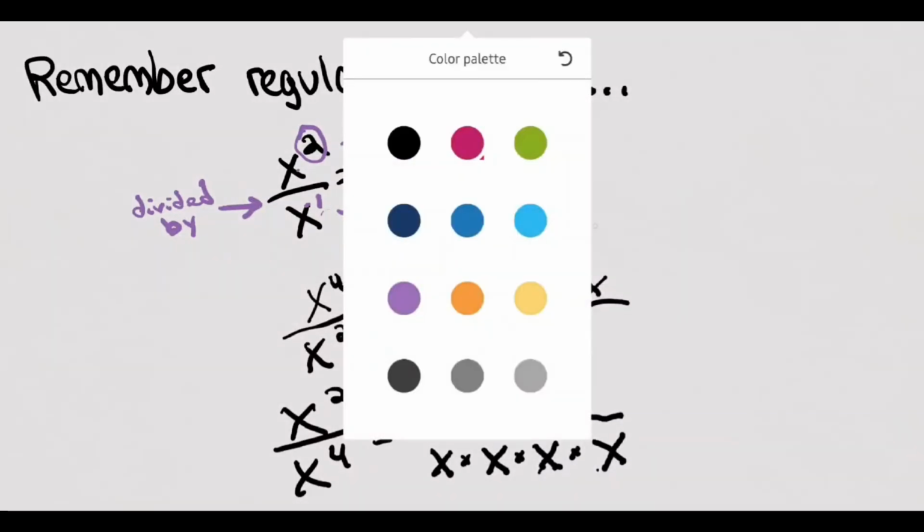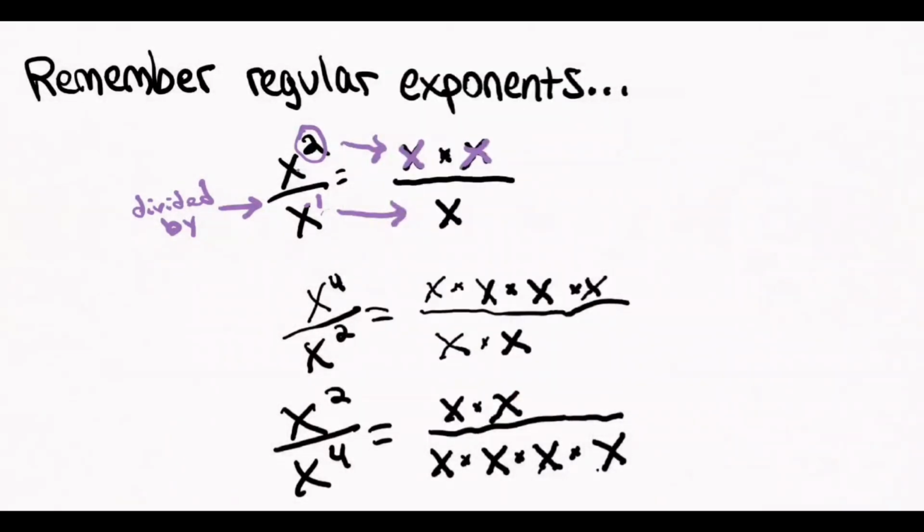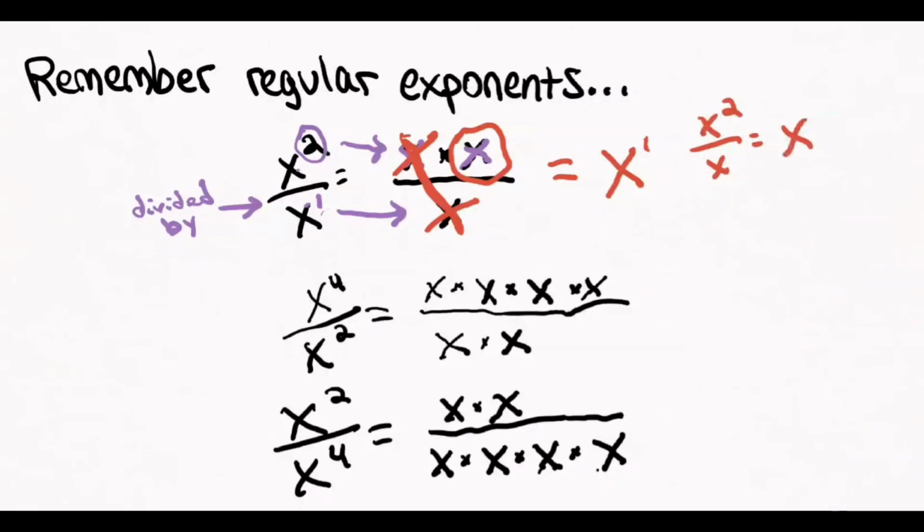Let me use red for this. We have an x down here, so that can cancel out an x up here. These two cancel each other out, and that just gives us 1 x left over. So the answer is x. And remember, there's an invisible 1 here, if you need that. So x to the power of 2 divided by x equals x.